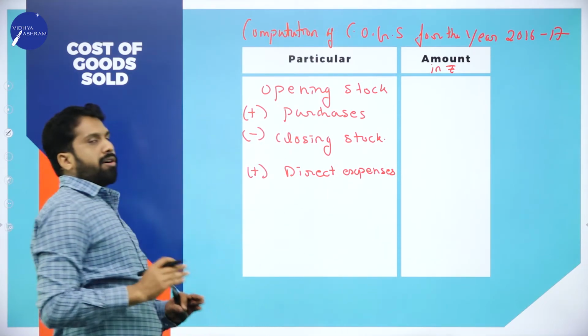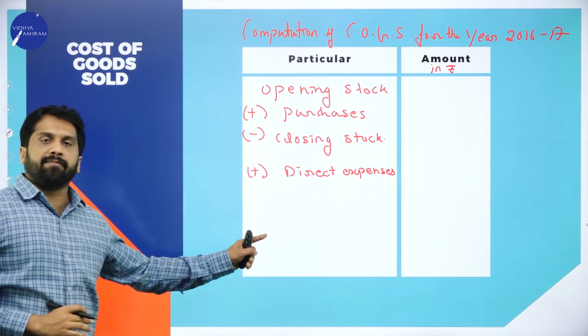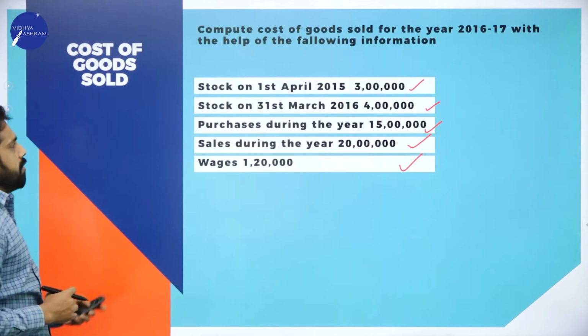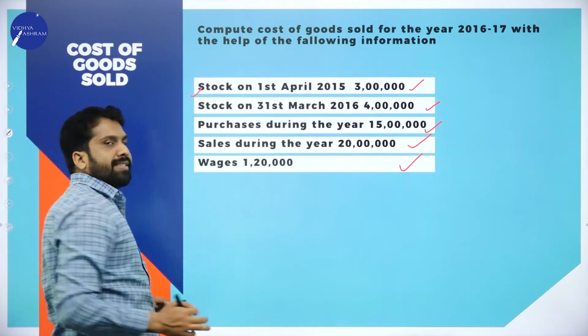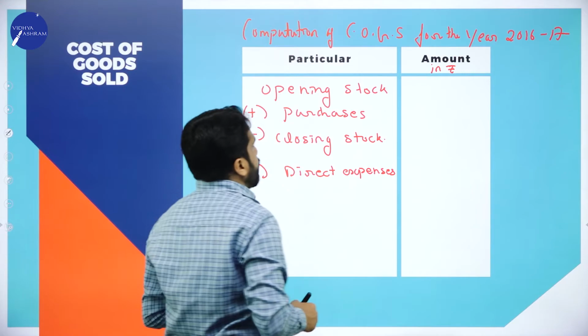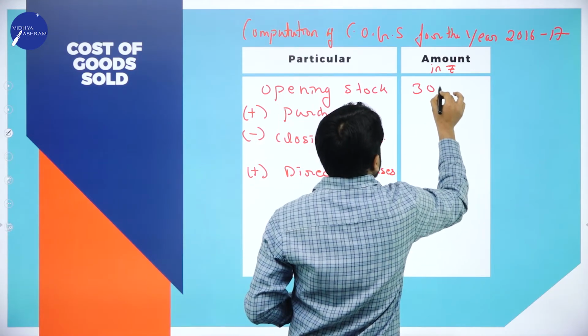So I have not changed your format. The same format I am following. Now, opening stock, how much you have? Yes, the opening stock is 3 lakh. So your opening stock is 3 lakh.